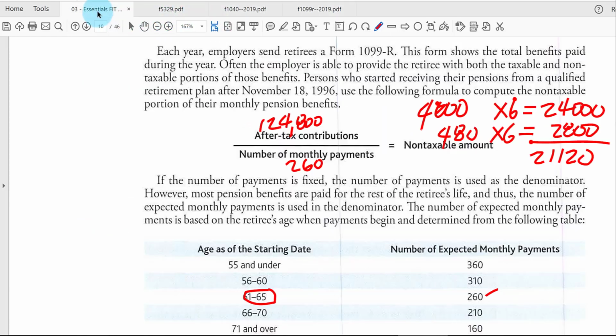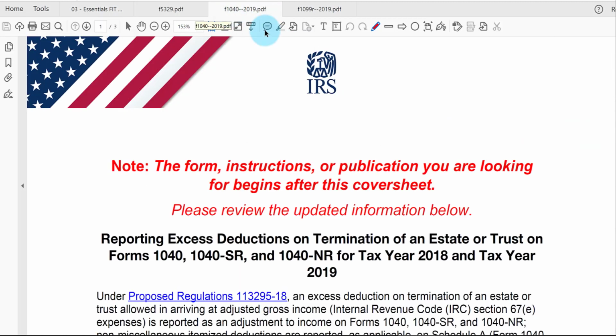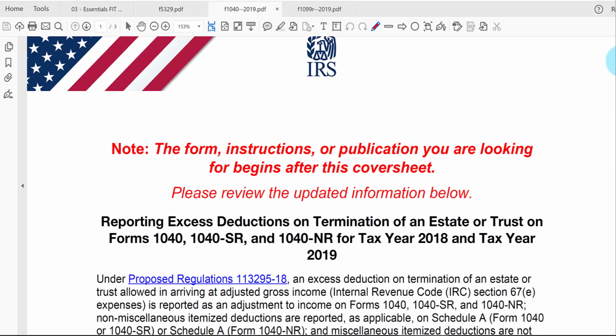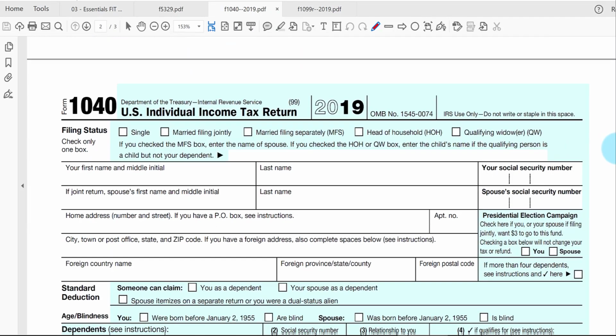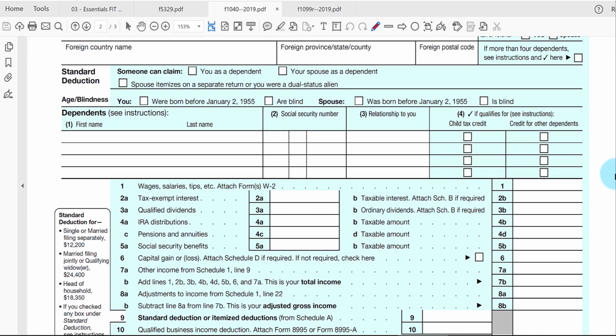In any case, what we calculated out is all of this. So this 24,000 is going to be reported as the total amount received, and 21,120 is what's taxable. So now if we go to the 1040 form, where eventually all the income is added up, we'll see the line for pension, let me write it in here.